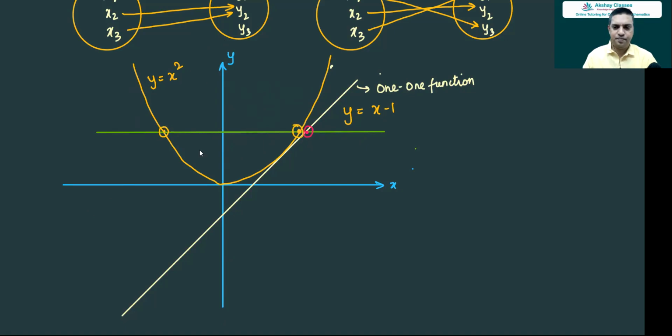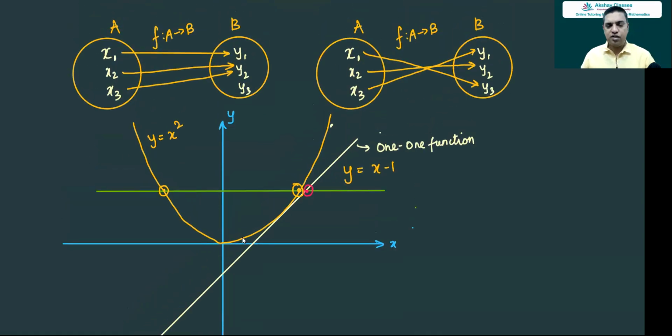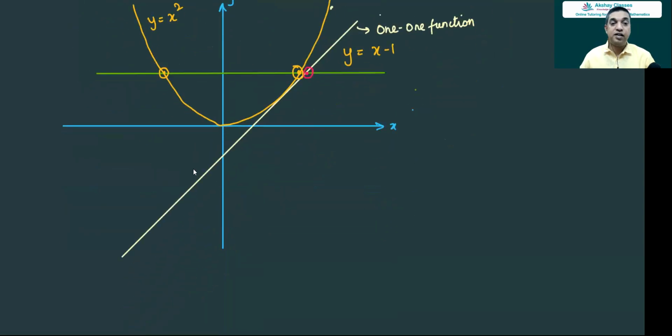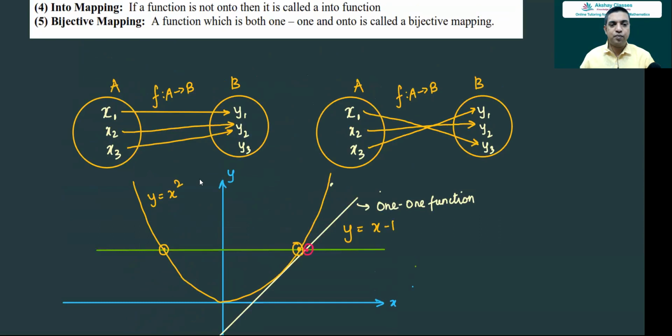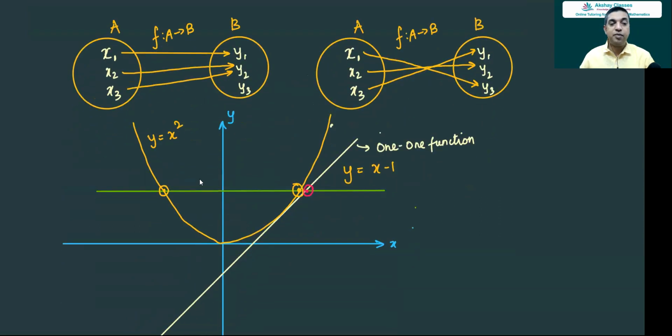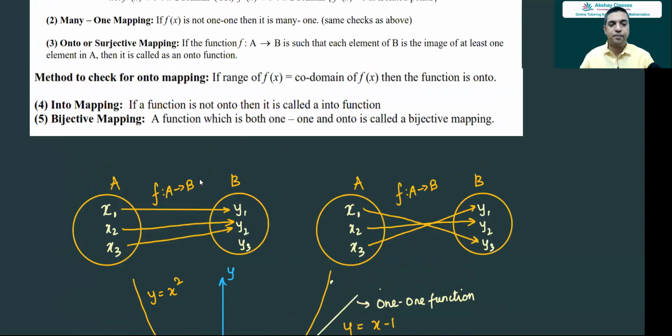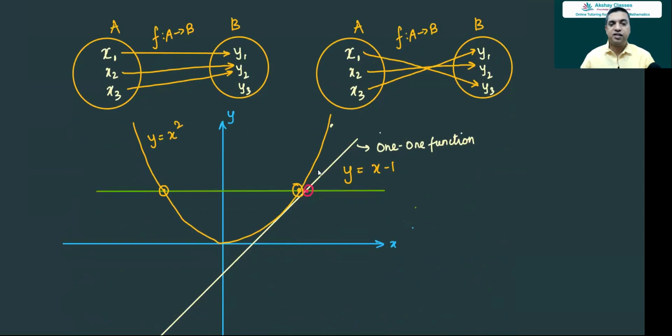Now, this is very useful for us in integral calculus, because if there is a symmetry, we can do integration of half the function, and very easily we can do. So we have to know the symmetry part, what is one-one, what is not one-one. A function which is not one-one is called a many to one function. Clear?